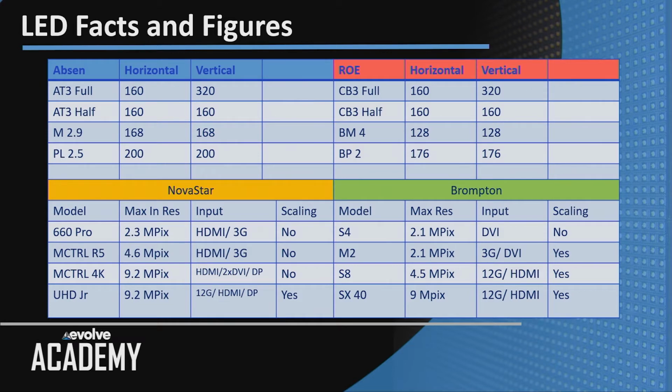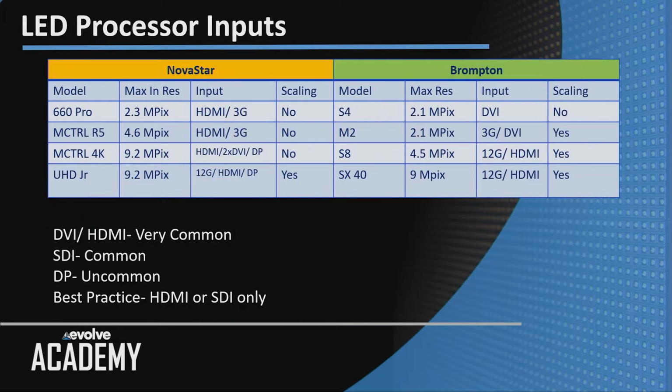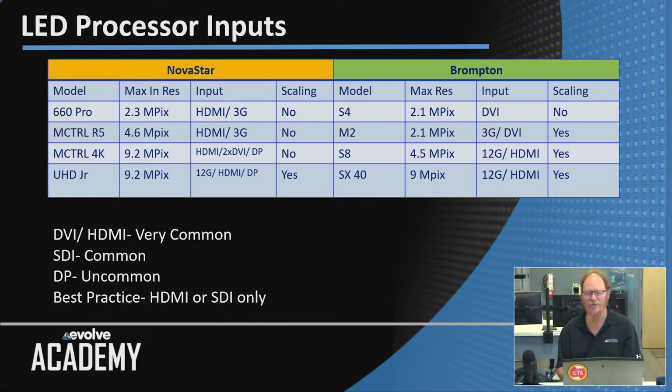So let's go look at the inputs, and I'm going to show you why you probably want to lean in one particular direction. So Novastar input options: HDMI, HDMI, HDMI, HDMI. Every single processor on this sheet has an HDMI input. On the Brompton side, we have DVI, DVI, HDMI, HDMI. DVI, HDMI, very, very common across all LED processors. Highly usable.